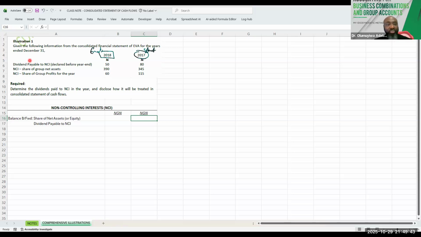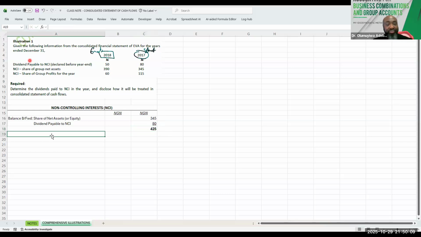Therefore, my opening balance is 345 for the net assets and 80. And therefore, the sum of my opening balance is 425.